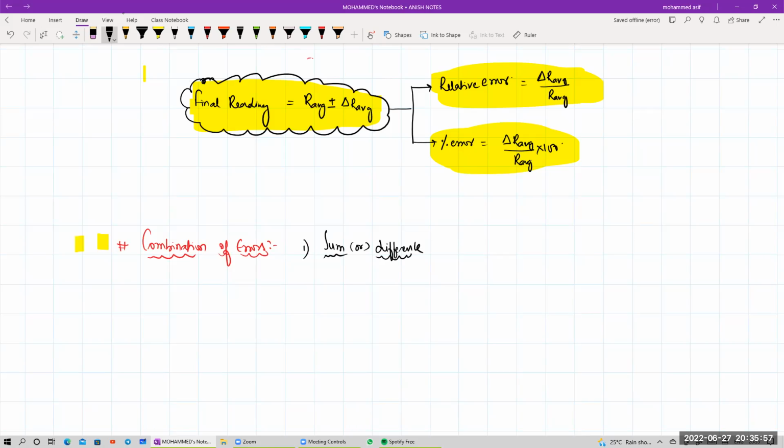For example, length is given as 4.1 plus or minus 0.1 centimeter, and breadth is equal to 3.3 plus or minus 0.1 centimeter. Now if I need to add and subtract them, the sum will be length plus breadth. Length value is 4.1, plus 3.3.